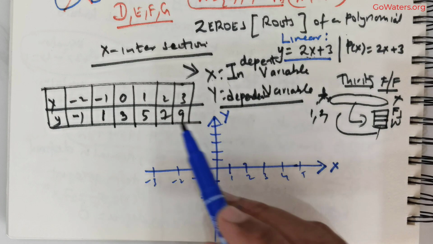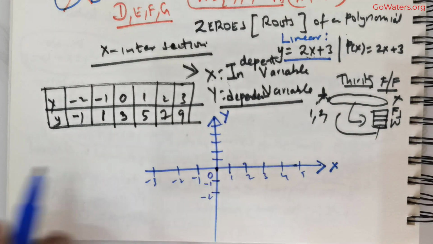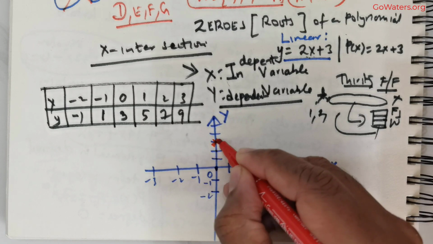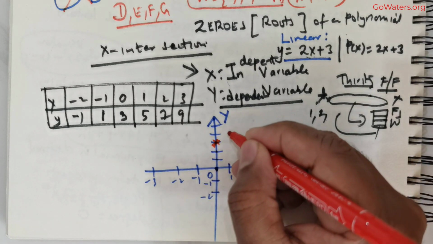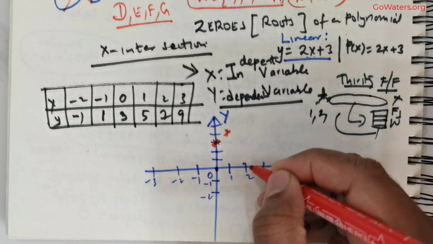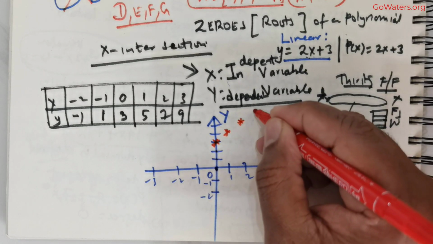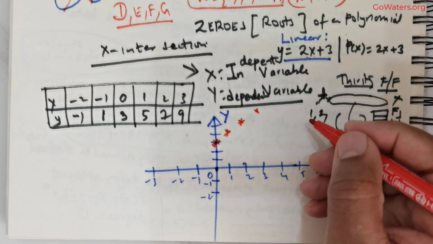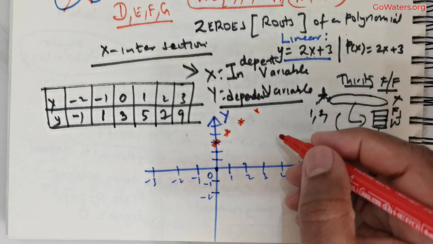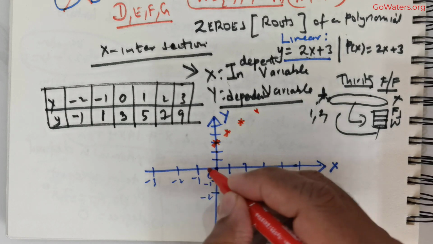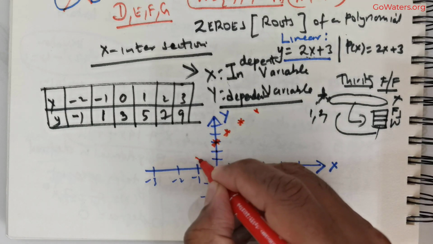Now just observe this. When x is 0, y takes the value 3. When x is 1, y takes the value 5. When x is 2, y takes the value 7. When x is 3, y takes the value 9. When x is negative 1, y takes the value 1, so that's over here.